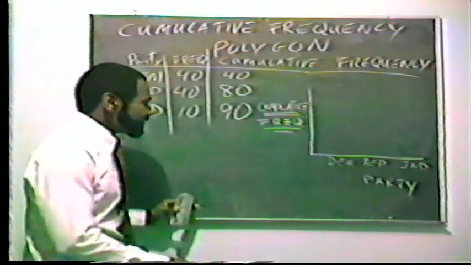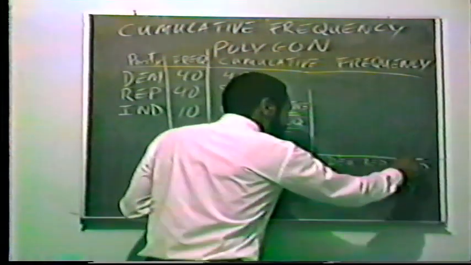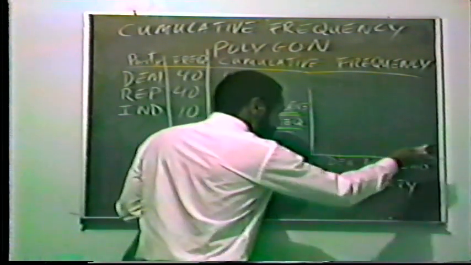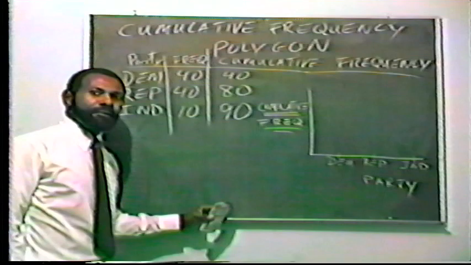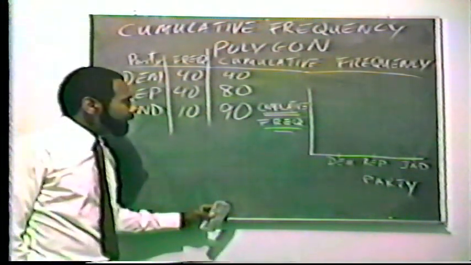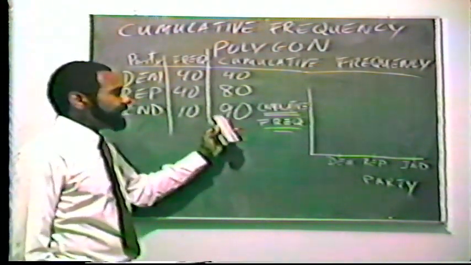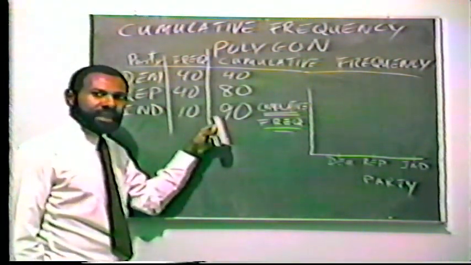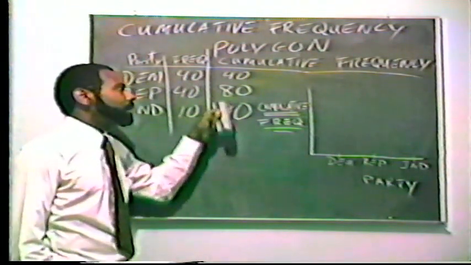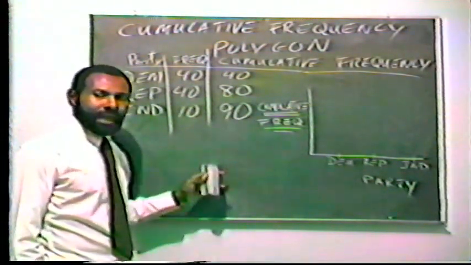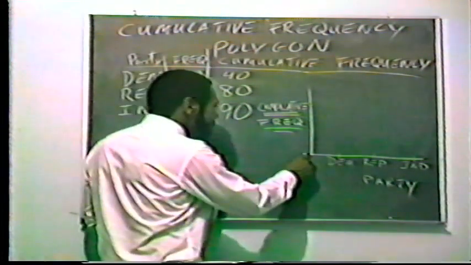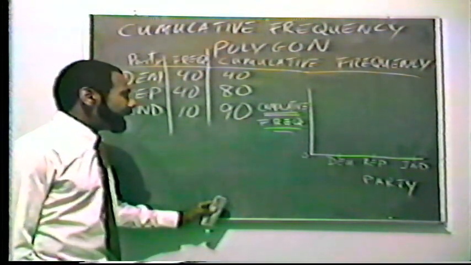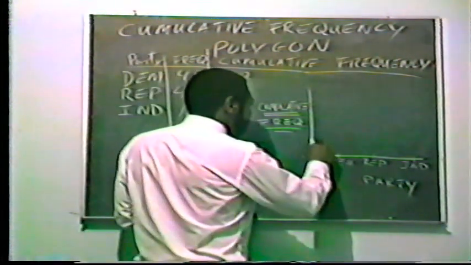Now, we put the scales in the same places that we did before on the horizontal axis. On the vertical axis, the largest number we have is 90. The smallest number is 40. So we have to set up a scale on the vertical axis that will include all of these numbers. So what I'm going to do is start with 0 where the two axes intersect, and then count by 25.